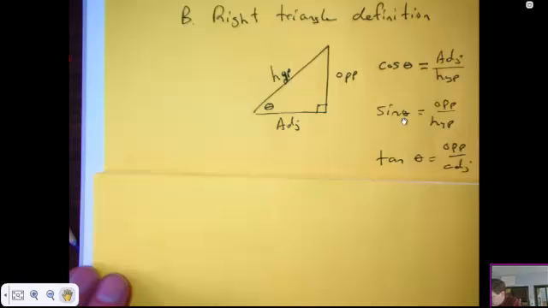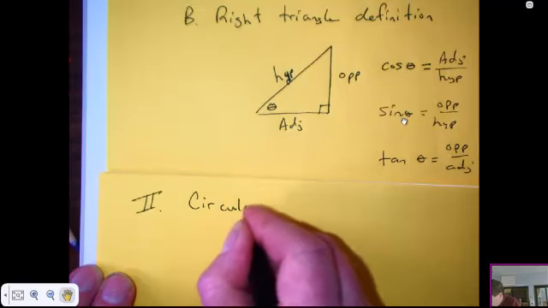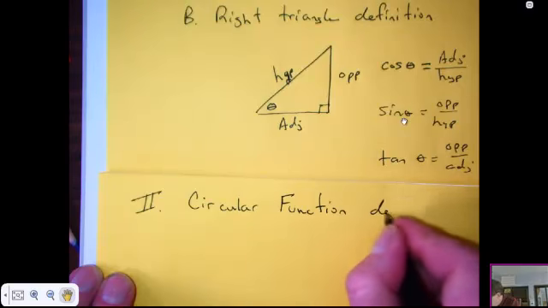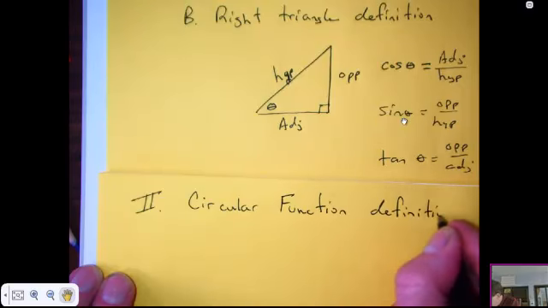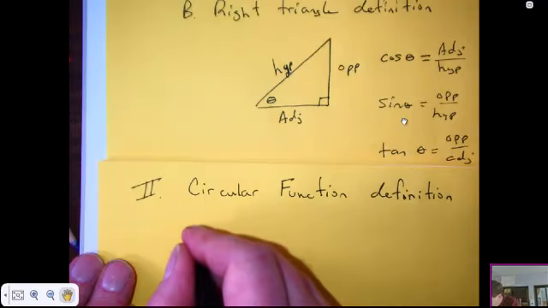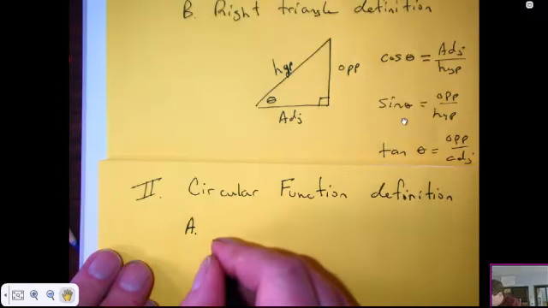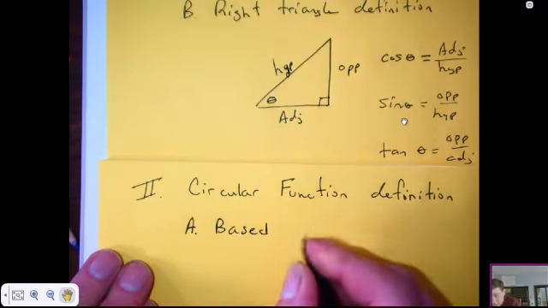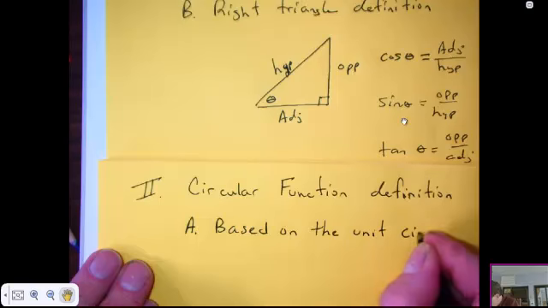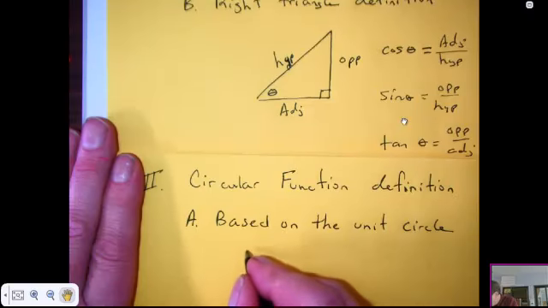So part 2. Alright, so this definition is based on what's called the unit circle. Okay, so first off, let's define the unit circle.